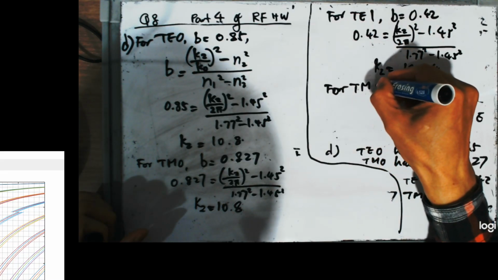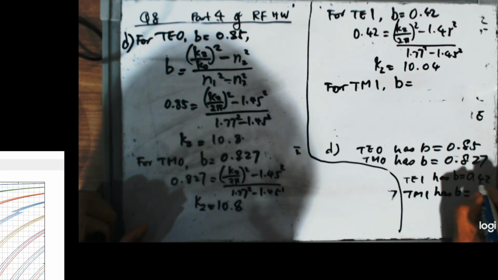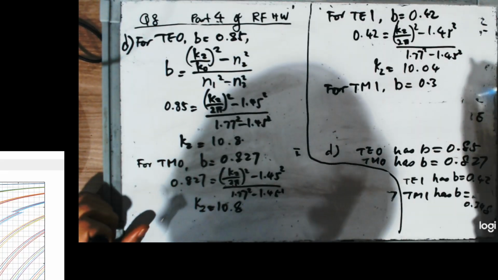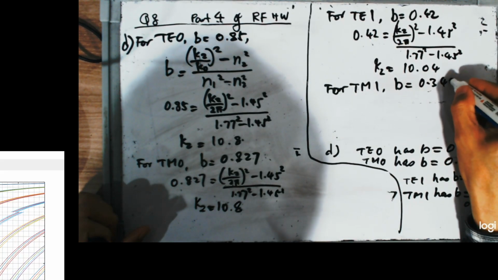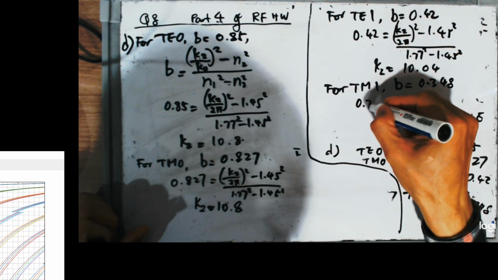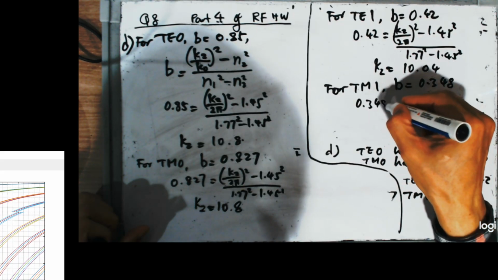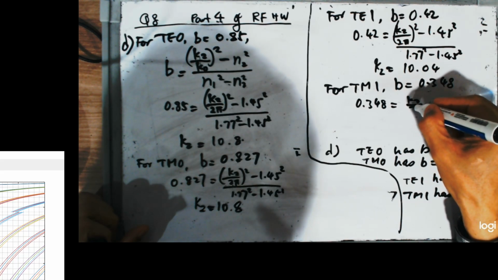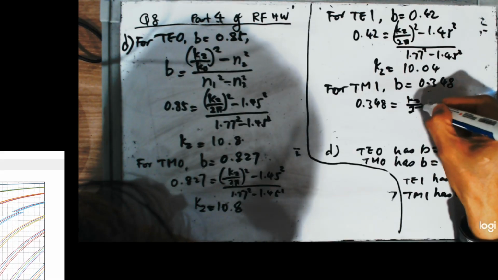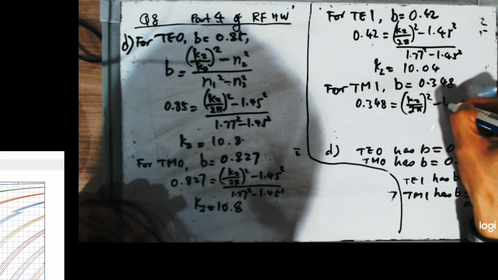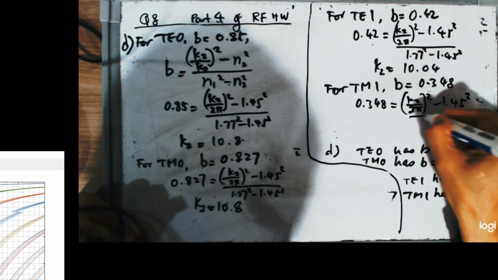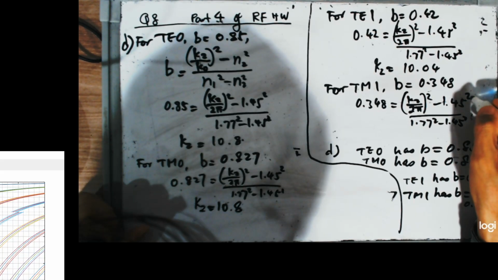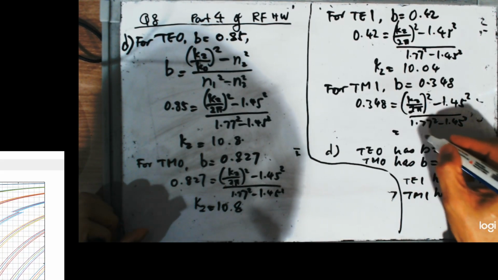Now I'm going to raise the answer for part C and we'll continue for TM1. The p-value according to what I got here is 0.348 and we substitute 0.348 as the value of p. Then we use this 4 pi. So if you do a calculation, let me check.